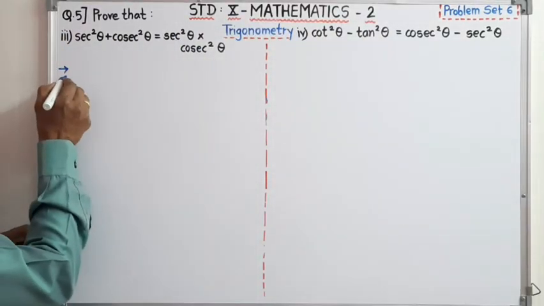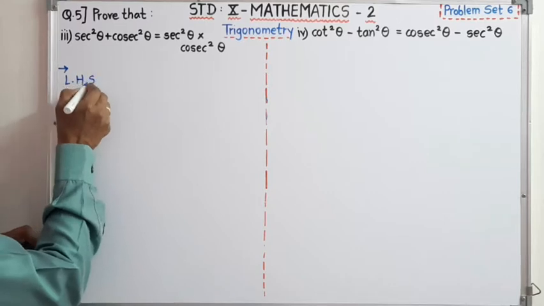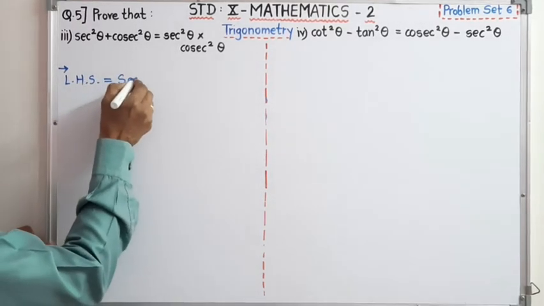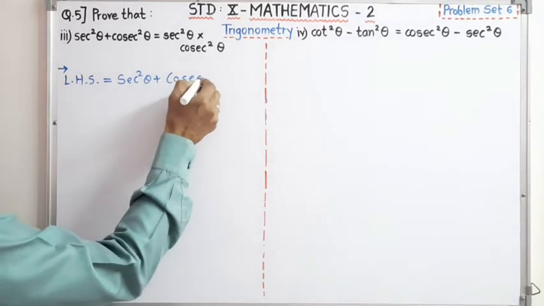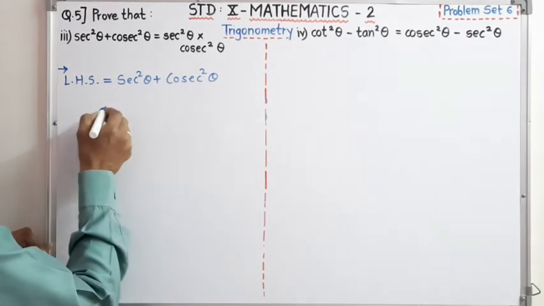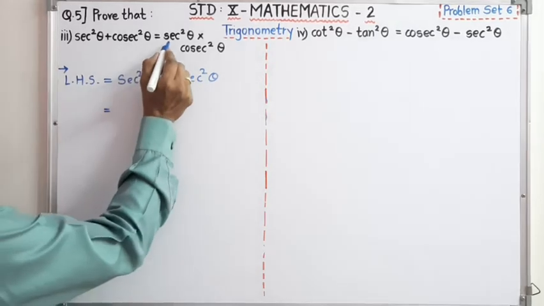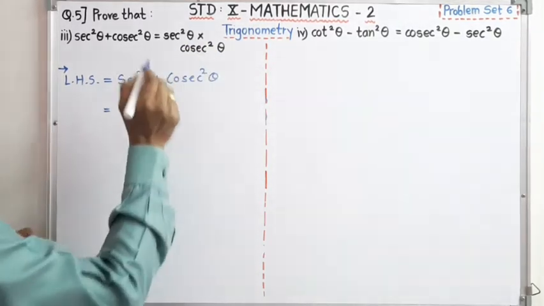Very simple. We have to write left hand side is equal to sec square theta plus cosec square theta. We have to prove that it equals sec square theta into cosec square theta.